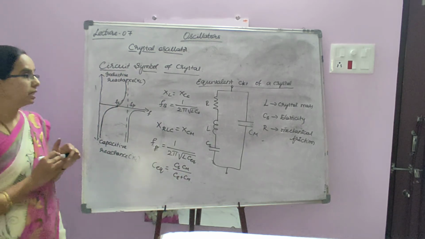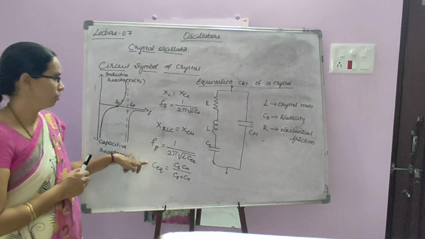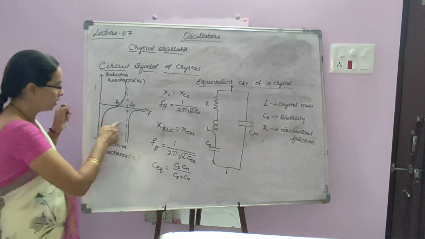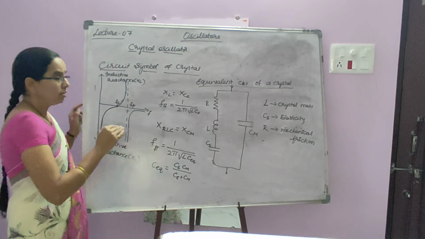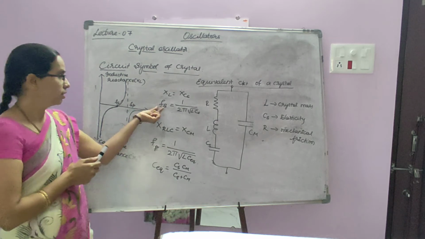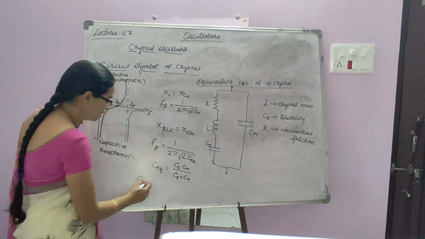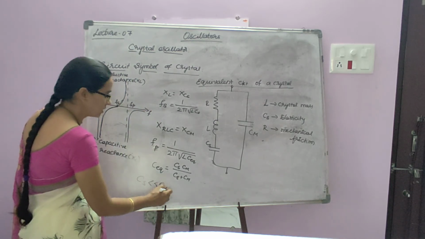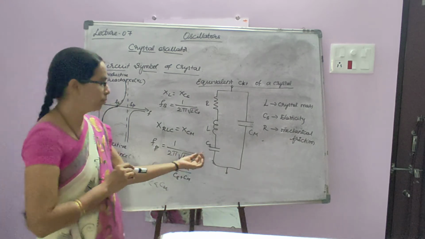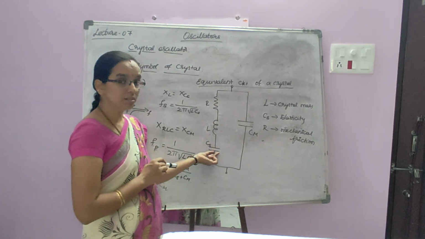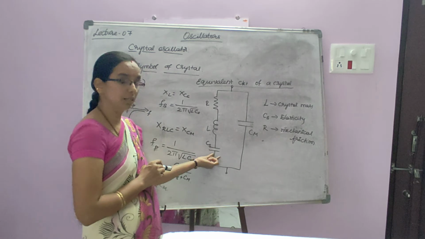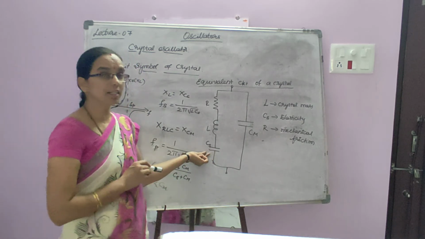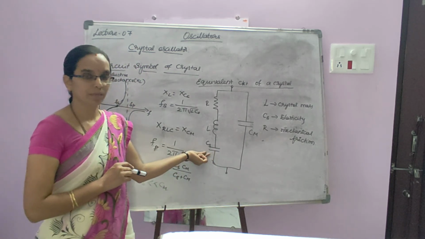So in this way, the crystal vibrates in both frequencies, and the parallel resonant frequency will be slightly higher than Fs, because Cs is very much less than Cm. When you make it parallel, the value of the equivalent capacitance will be lesser than Cs, right?